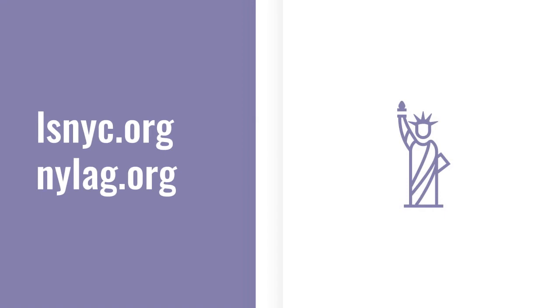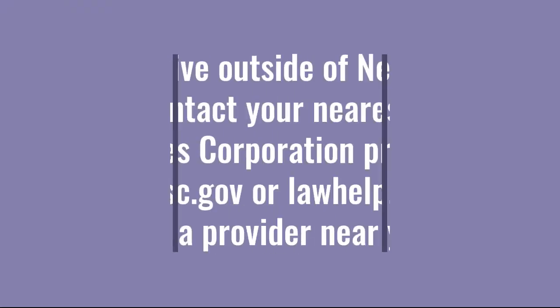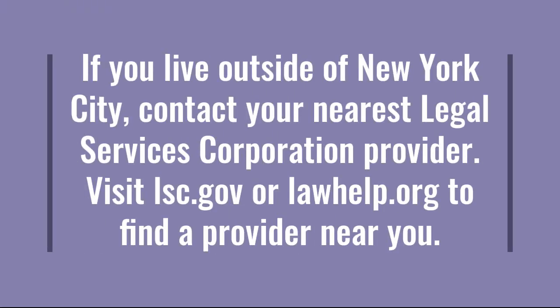Visit us online at lsnyc.org or nylag.org. If you live outside of New York City, contact your nearest Legal Services Corporation provider. Visit lsc.gov or lawhelp.org to find a provider near you.